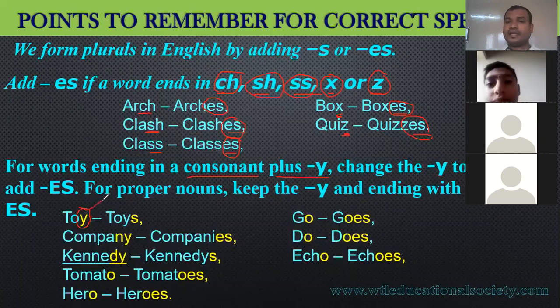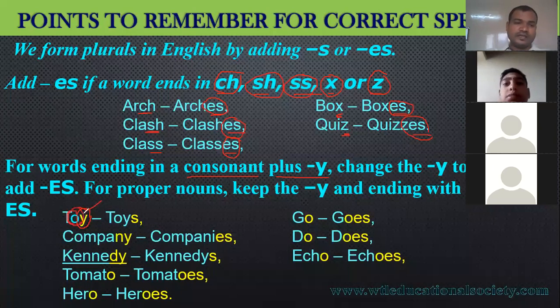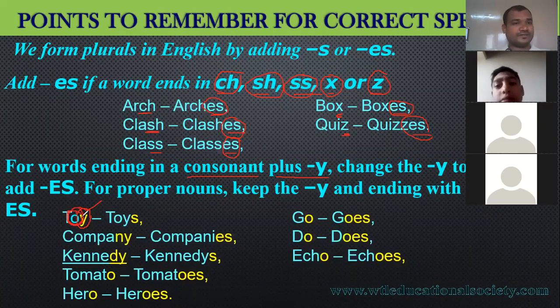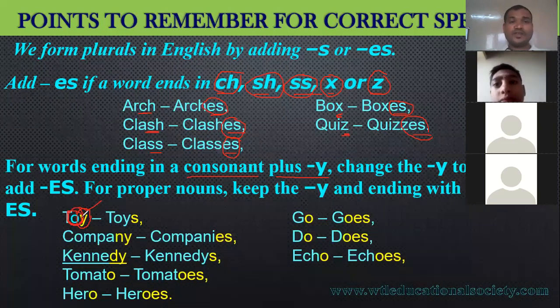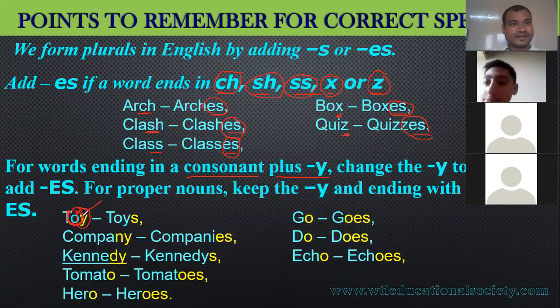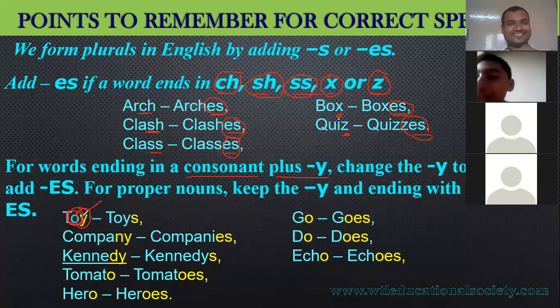Here the word ending is Y, but before the letter Y, it is O. Is O a consonant? No, sir. O is a vowel. Don't forget that.